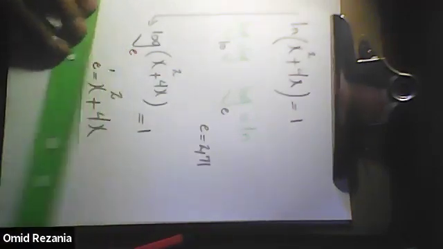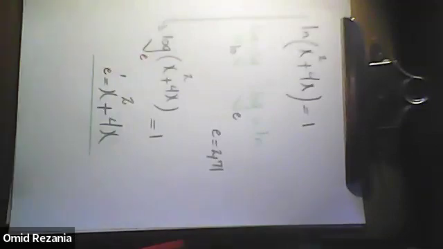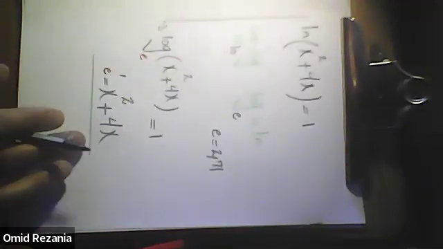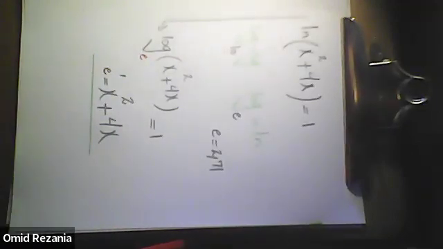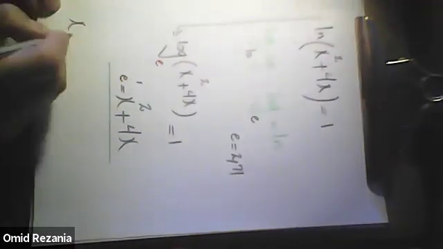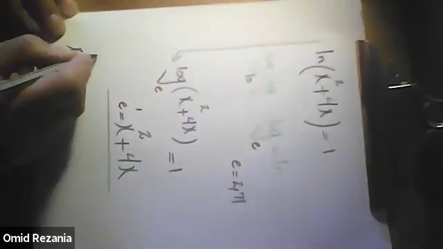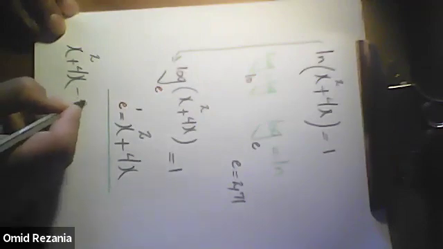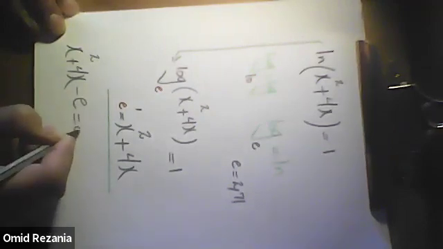Yes? And now, guys, what is this? This is a simple quadratic function, which we covered on the first day of the class. You remember it? We said that when it comes to this stage, I can write it in this format: x squared plus 4x minus e equals to 0.